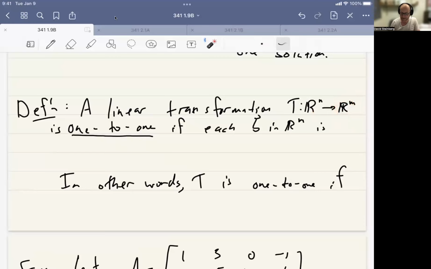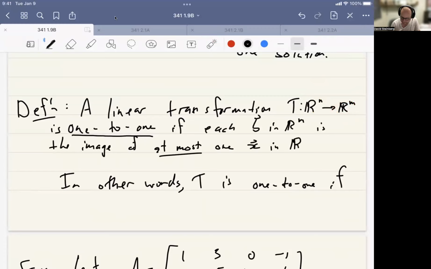So there's no problem if something here is missed, but there's no way that two different vectors would be sent to the same place. In other words, T is 1 to 1 if the equation T of X is equal to B has at most one solution.